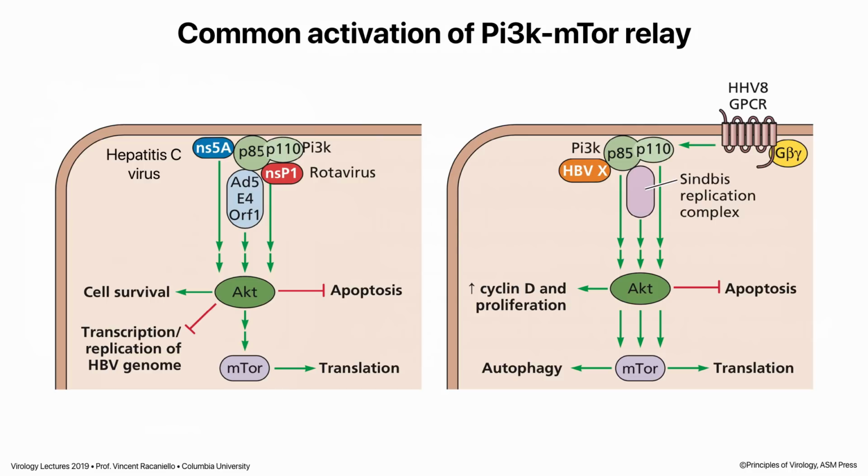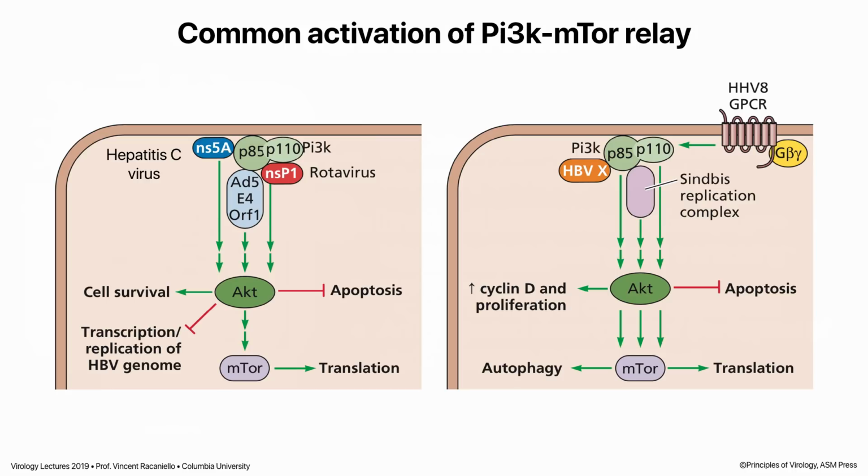And AKT further signals down to mTOR, which is a key regulator of protein synthesis or translation, and that will allow translation to occur. So this makes sense, right? These viral proteins are pushing the cell to survive and to actively make more protein because viral mRNAs need to be translated.